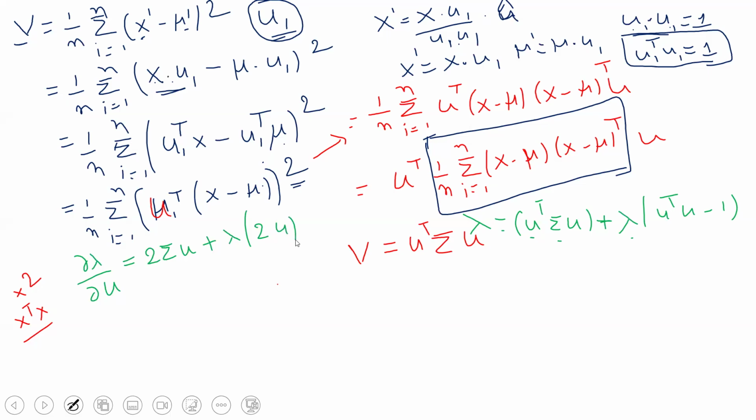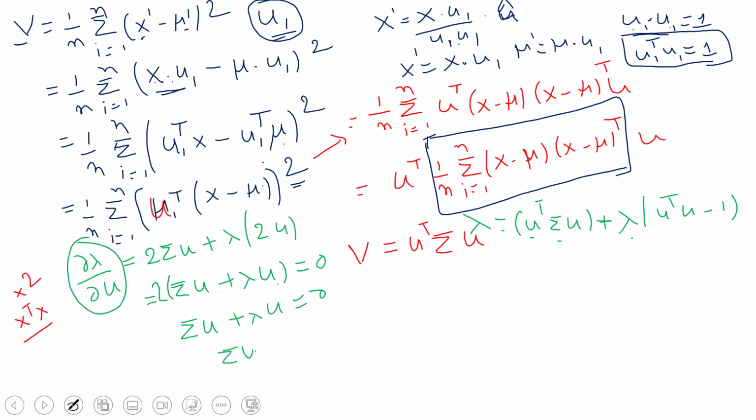And minus lambda will become 0 with respect to this. So what does this become? Sigma u plus lambda u into 2. We have to equate this to 0, right? The first derivative should be equated to 0 to get the values of anything. So if I equate this to 0, this becomes sigma u plus lambda u is equal to 0. So sigma u is equal to minus lambda u.